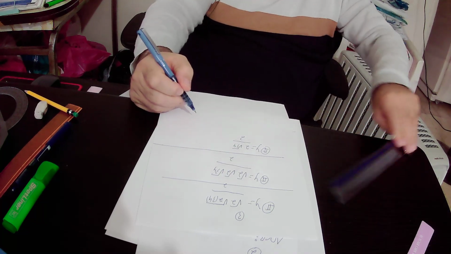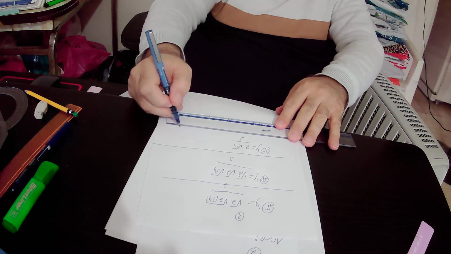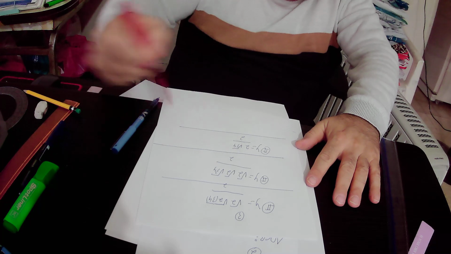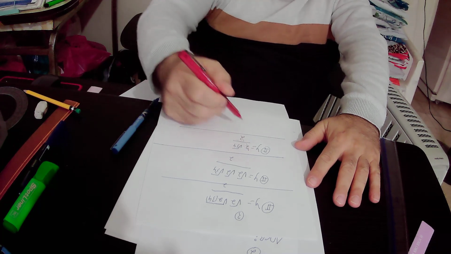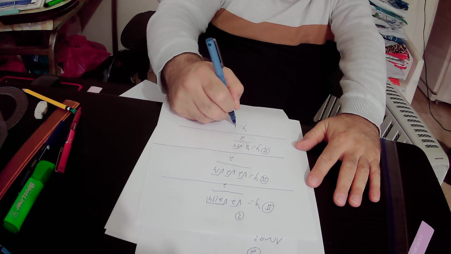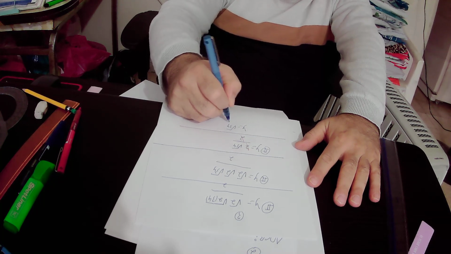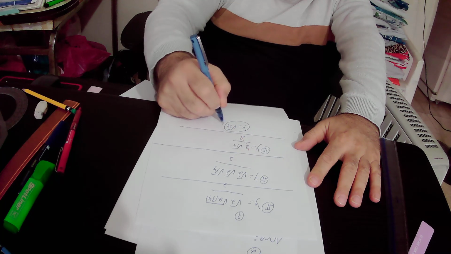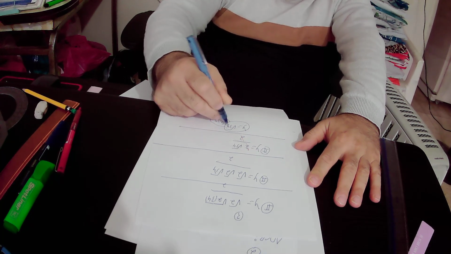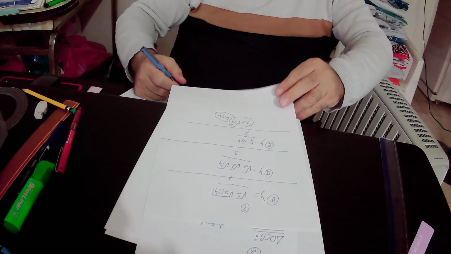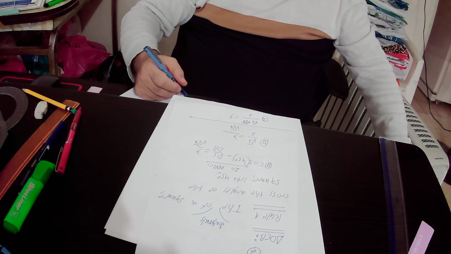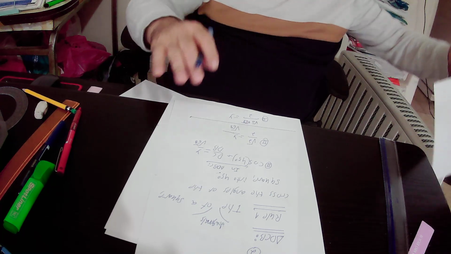So here 2 over 2 is 1, so the 2 will get cancelled, and we found out that y equals the square root of 34, and actually all the sides of square ABCD equal the square root of 34.